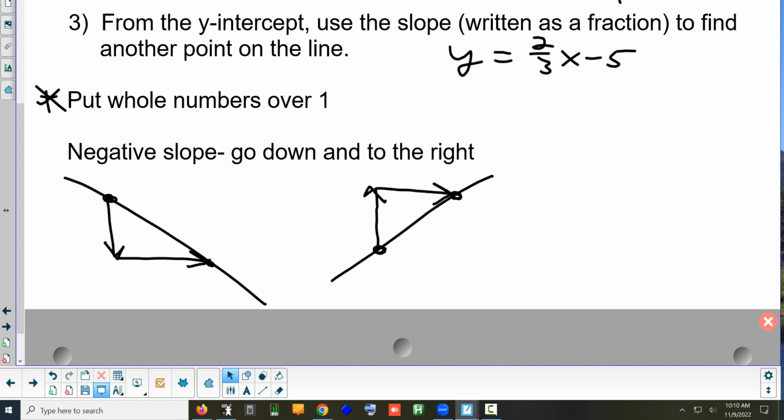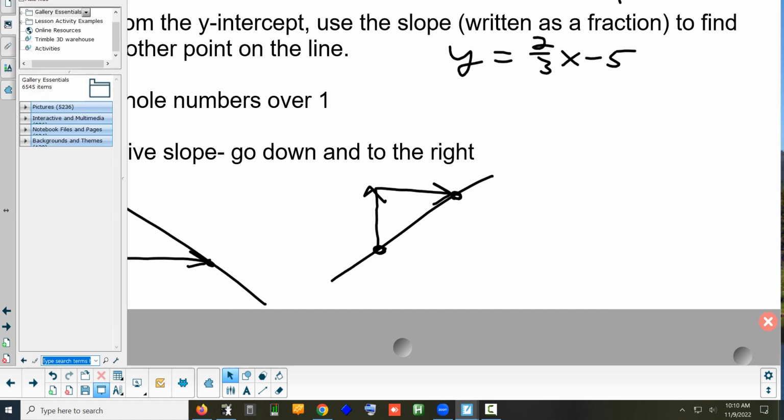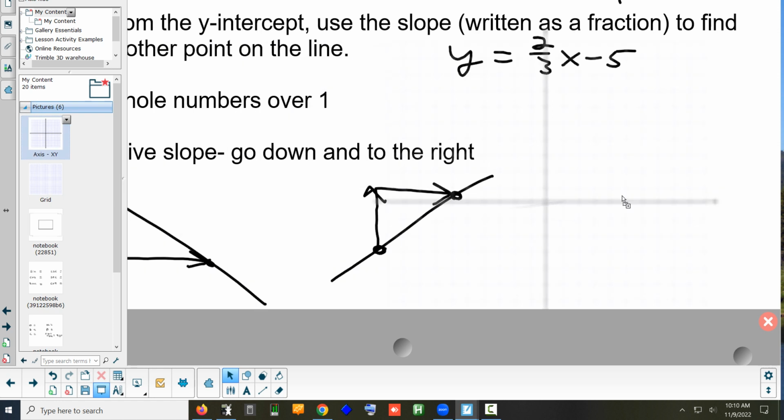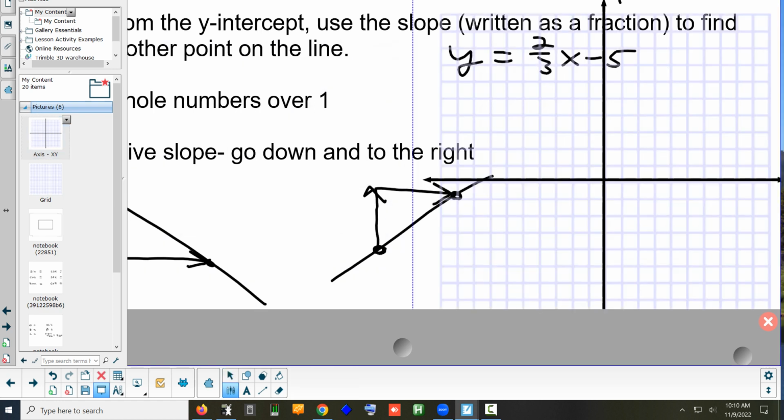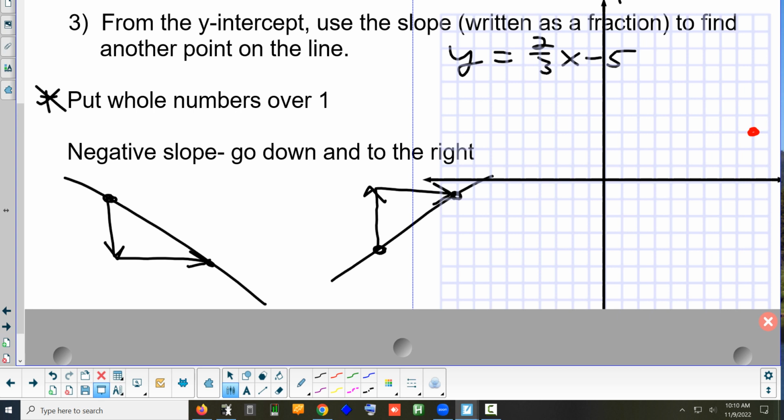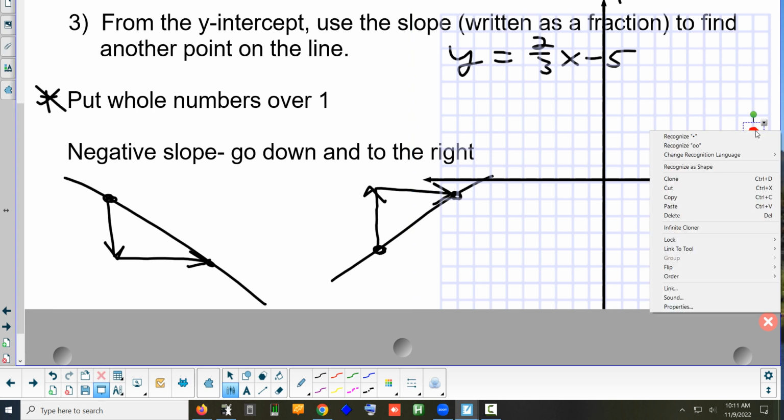The only time I wouldn't go to the right is if, for some reason, my graph was right on the edge of the right side of my graph paper. Let's say you made a mistake and you didn't put your graph in a good spot. So let's say you had a point right there. And I had to count from that point up 2 and right 5. Well, that's going to be kind of hard to do because now I'm going to go off my graph paper.